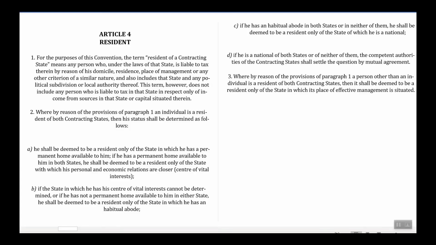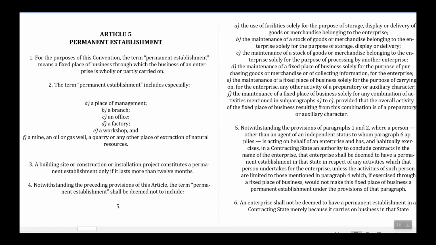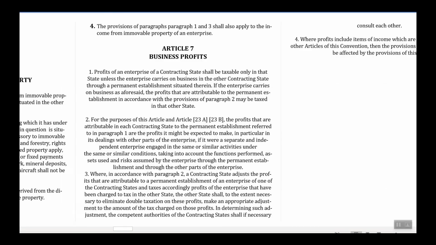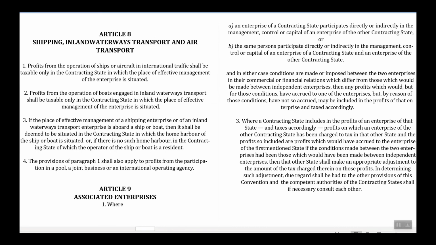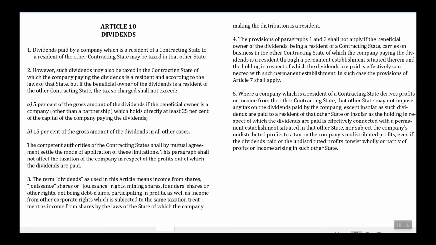Let us again look into our convention. 4, 5, 6. Here the distribution articles begin. Business profits, no. Shipping, associated enterprises, no. Dividends. Okay, dividends sounds good. So 10.1. Dividends paid by a company which is resident of a contracting state. Okay, stop. Let's directly find out and fill in. Where in our case was the company resident?